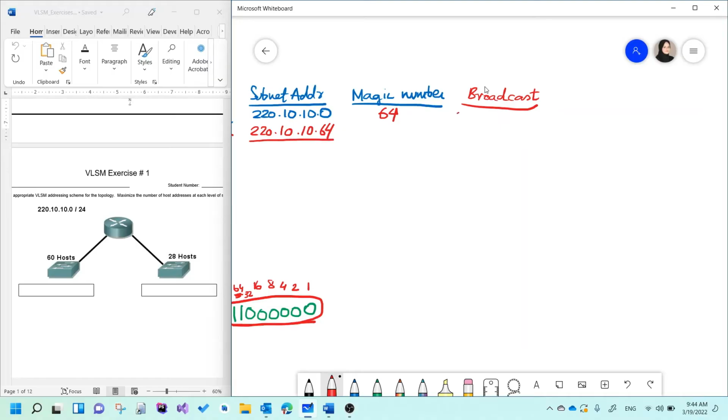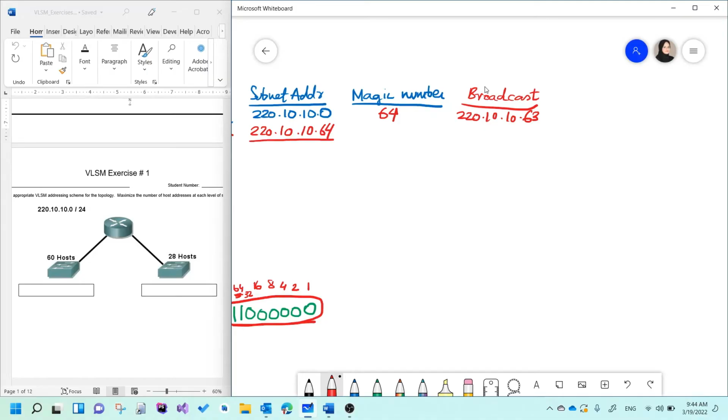So it would look something like this: 220.10.10.63. It is helpful if you can find out the subnet address of the next subnet. In this case, it's not required.